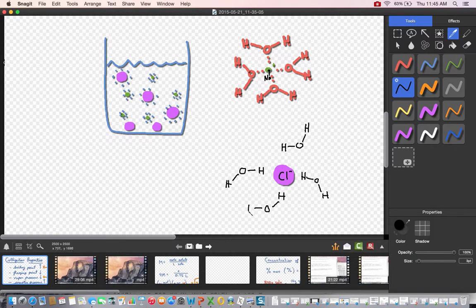And so you're going to have, again, an array of IMF. The orientation, again, of the water molecule is very different, because it is the partial positively charged hydrogen atoms that interact with the negatively charged chloride ion. Whereas with sodium, it's the partially negatively charged oxygen atoms that interact with the integer positively charged sodium cation.